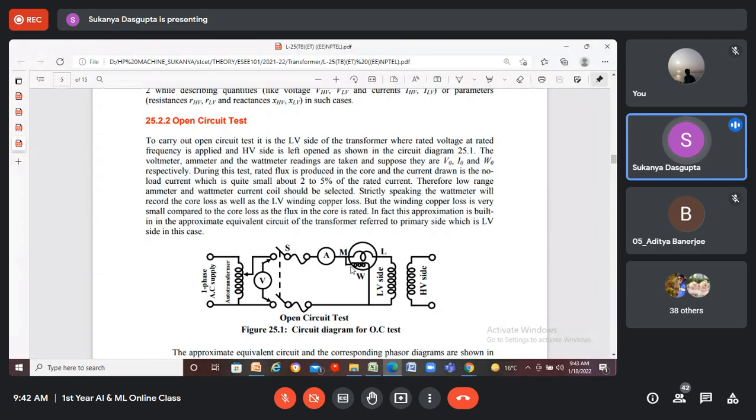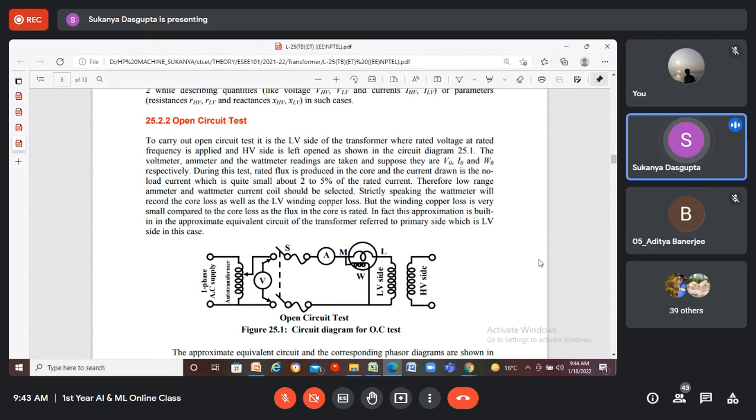But always remember, in transformer operation during the open circuit test, we do not require any unity power factor based wattmeter. We do not require it because during the open circuit test operation, the power factor of the circuit is very, very low.